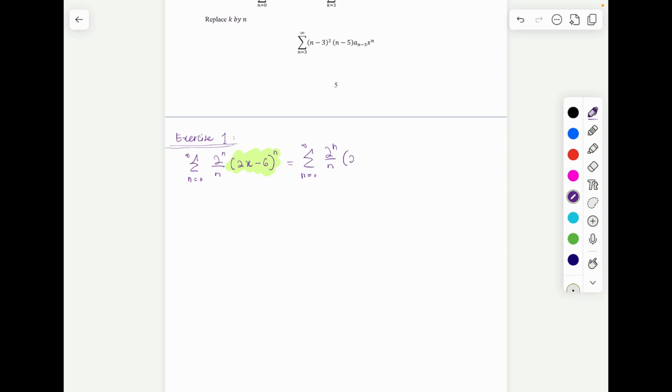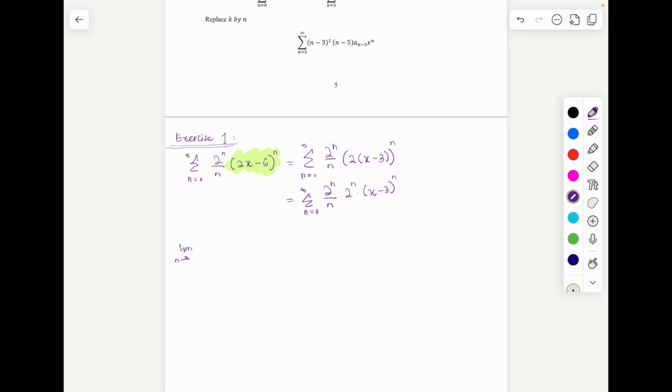So we have 2 multiplied with x minus 3 to the power of n. So from this one, we can separate 2 to the power of n divided by n, and then 2 to the power of n multiplied with x minus 3 to the power of n. So now the x is just on its own, and now you can directly find the limit.